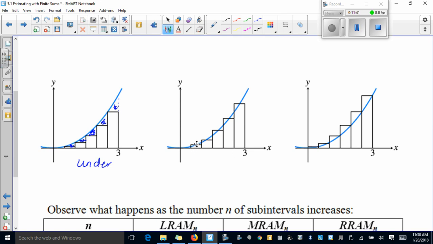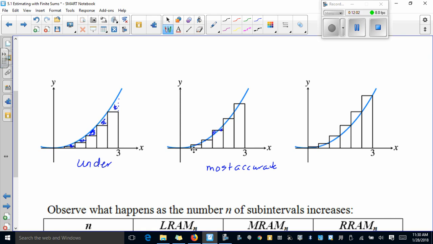This is really hard down here to do. You can see that they kind of counteract each other. And so that's why a lot of times they'll tell you to do midpoint, because you're going to get the more accurate answer there.